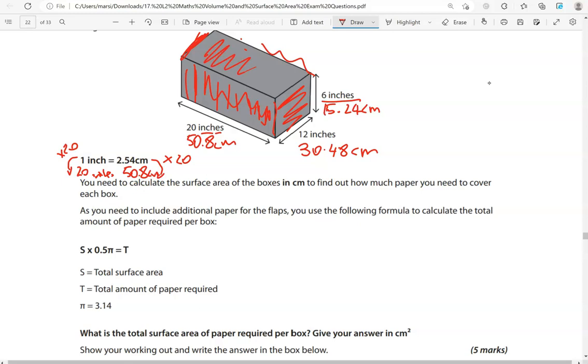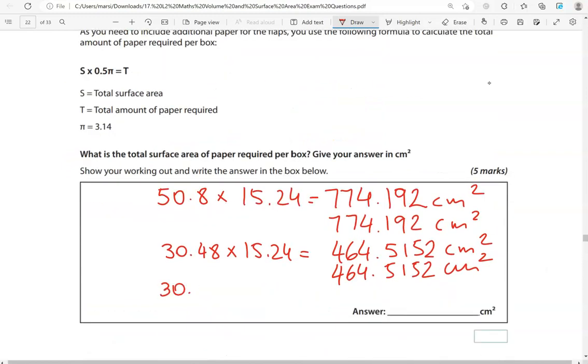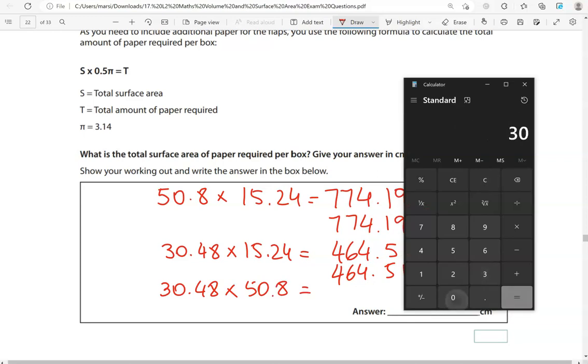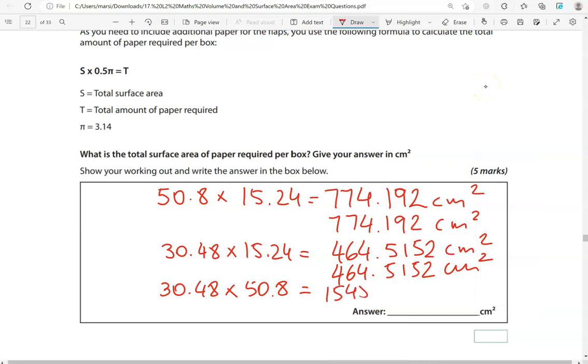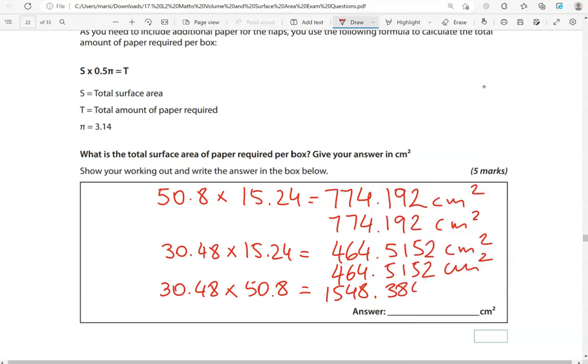And top is the same as the base, so that will be 30.48 times 50.8. And that is 1548.384. That's 2 of them.